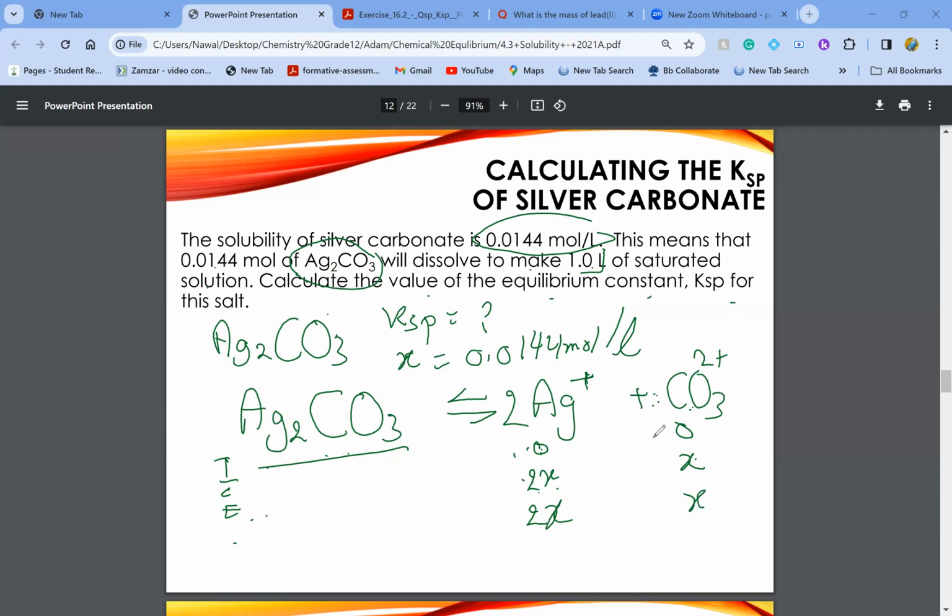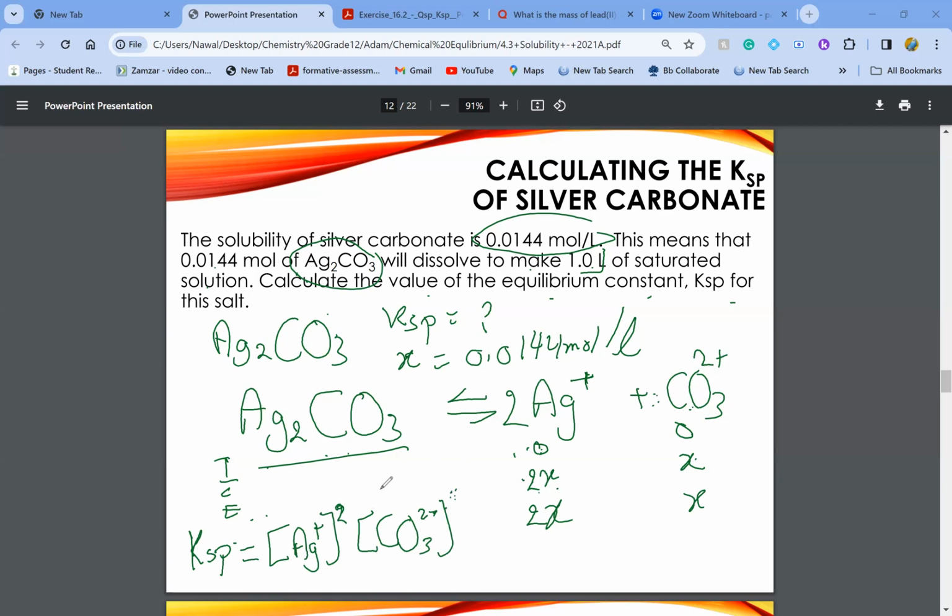Okay? So KSP equals silver plus 2 times carbonate. What is the coefficient here? What do I have to write here? Nothing.